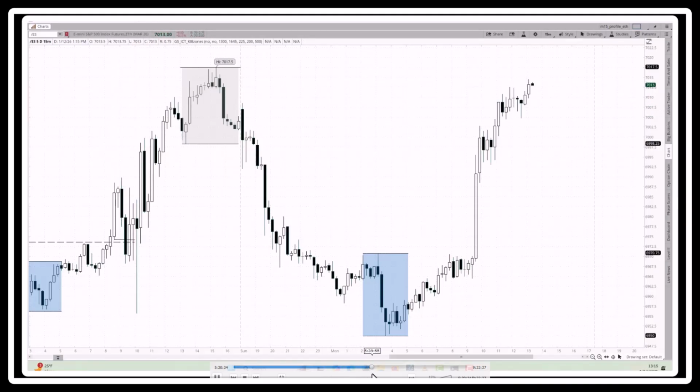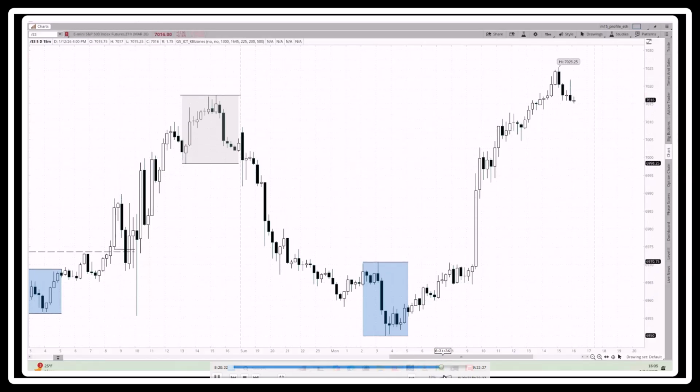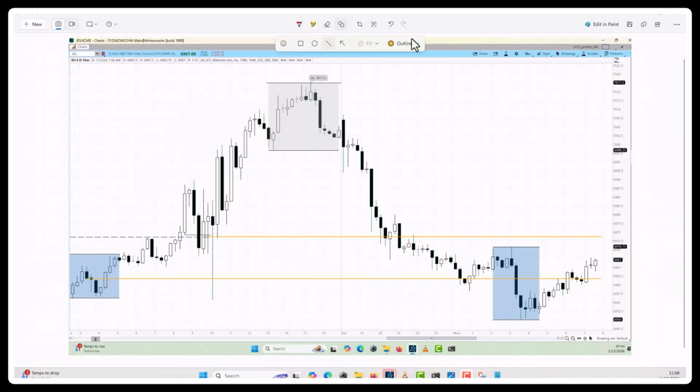So basically we buy, let's see now. The level right there is the 9:30, also the key level right there on the Friday, the prior day, which is the last Friday. So here it is.